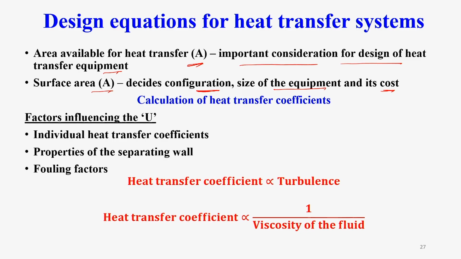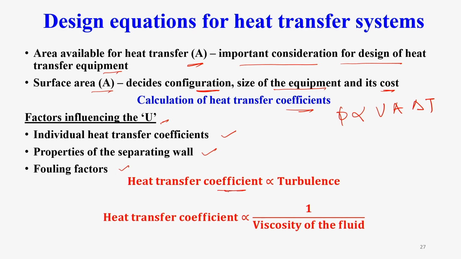So one important factor is to increase the heat transfer coefficient, because Q is directly proportional to U, A and delta T. What are the factors which affect the overall heat transfer coefficient? Individual heat transfer coefficient, property of the separating wall, and fouling factor. We have already discussed this.